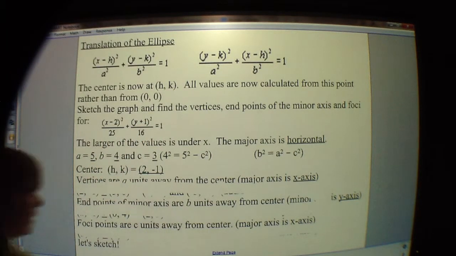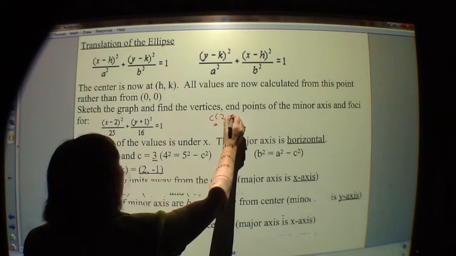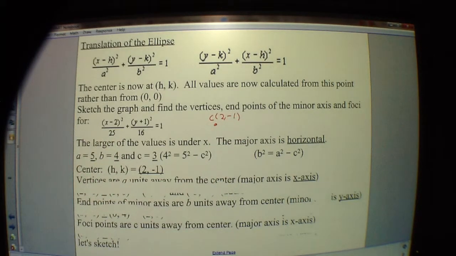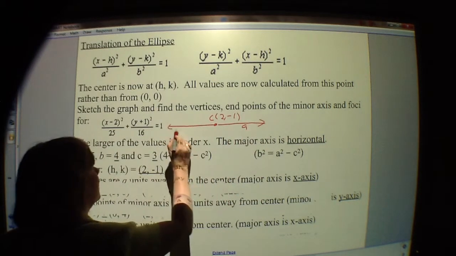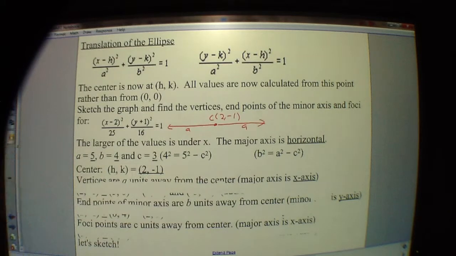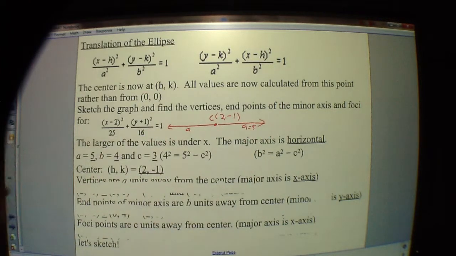Okay? So now let me just graph a little bit what I have. I have a center point at 2, negative 1. And I said my major axis is horizontal. So if I go A units this way, or A units this way, I will be at the vertices. A in this equation is 5.